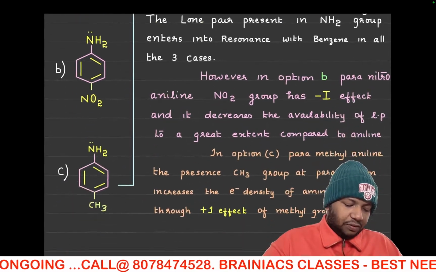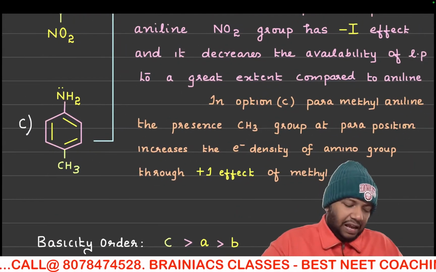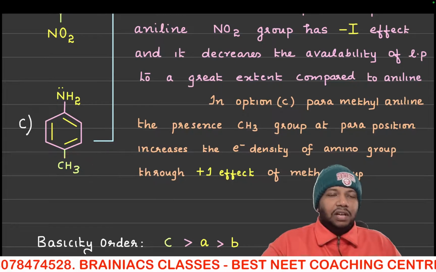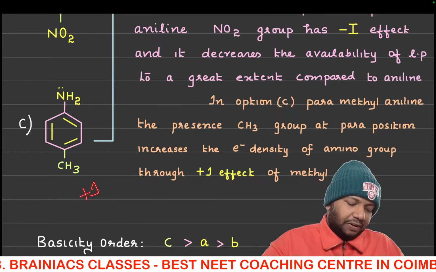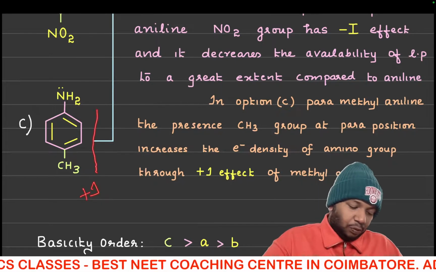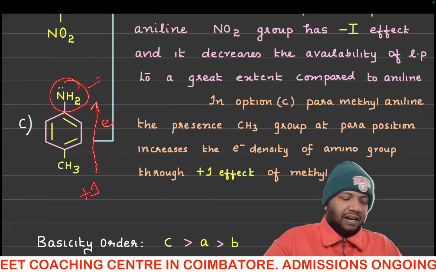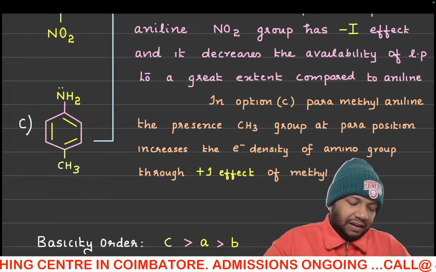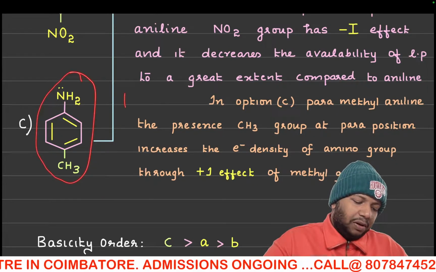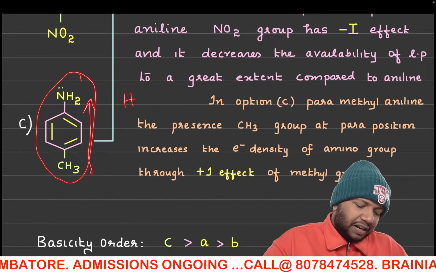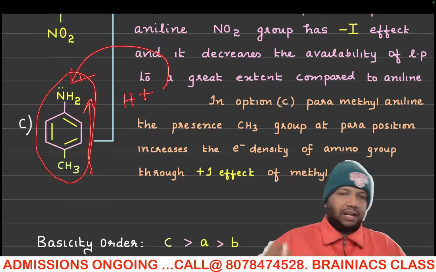Now the next structure has a CH3 group, which has a plus I effect. It pushes electrons in this direction and increases the electron density of the nitrogen. So this is a good base, because H plus can easily come over here.